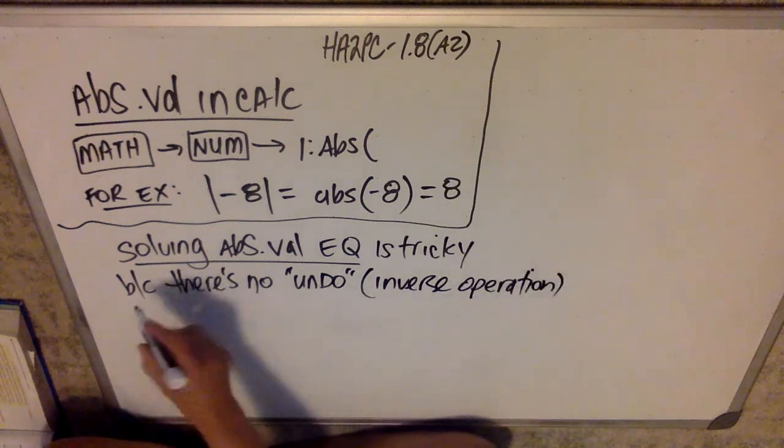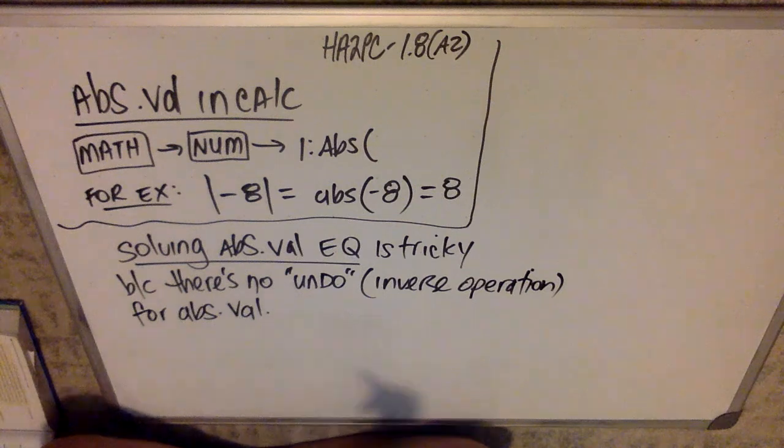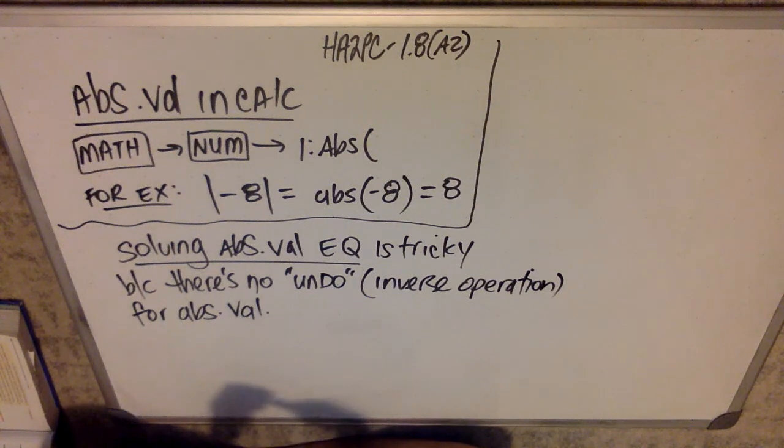Most functions in mathematics have an undo. Multiplication has division, addition has subtraction, squaring has square rooting, but tricky absolute value, there is no undo.